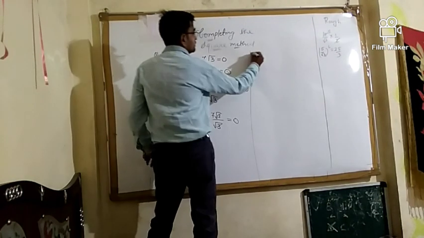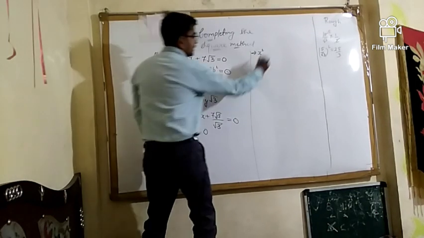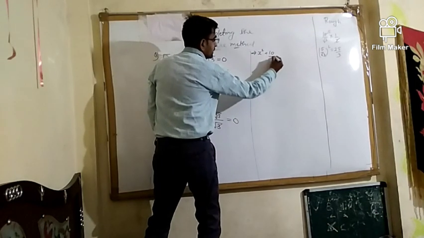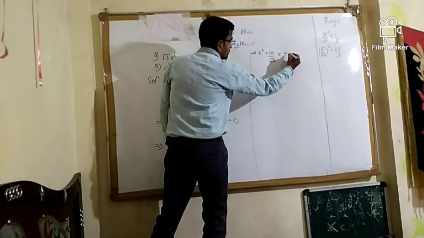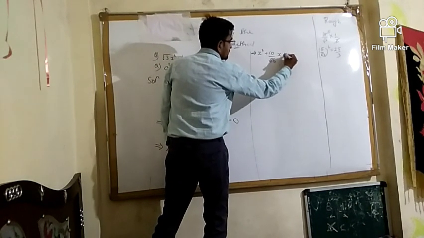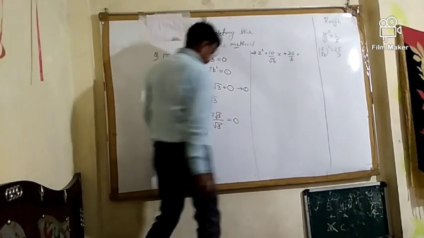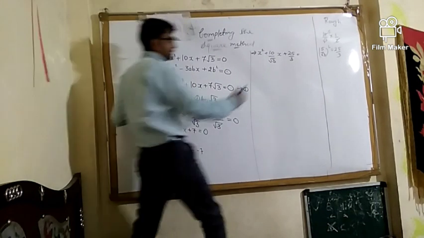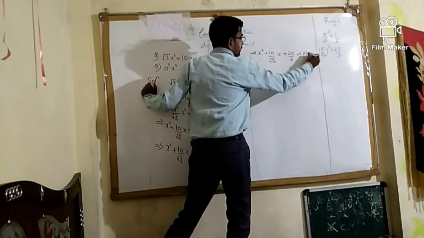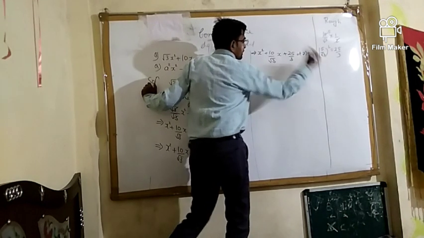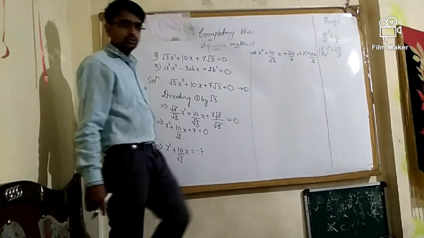So, x square plus 10 by root 3 x plus 25 by 3 is equal to minus 7 plus 25 by 3. Okay, so I have added 25 by 3 to both sides.